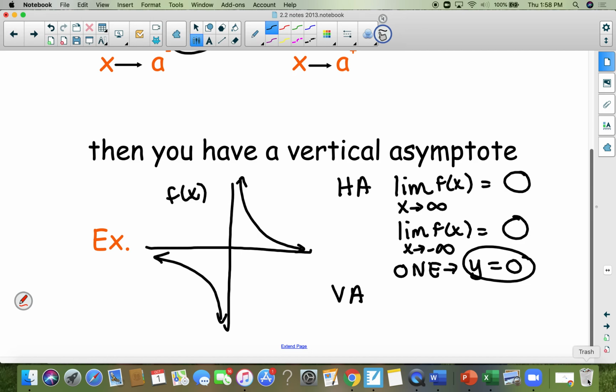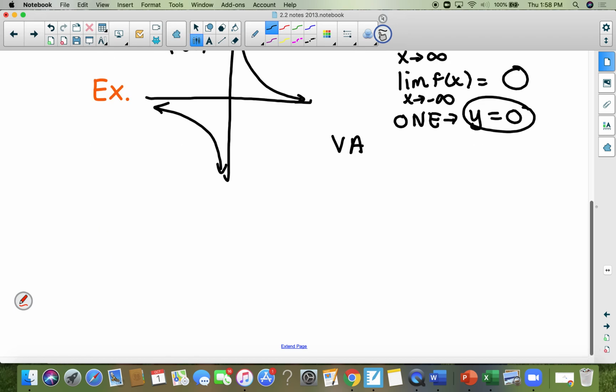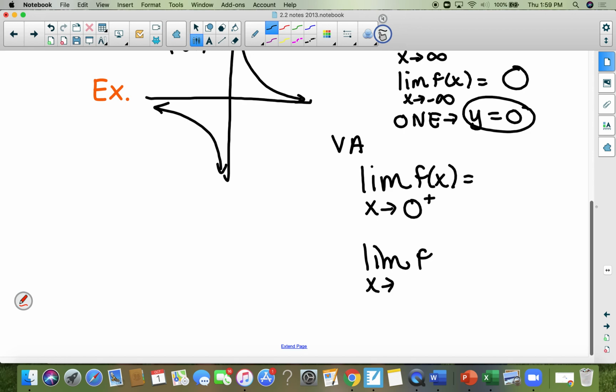Now, we haven't done the vertical asymptote terminology, and this is what it looks like. This is f of x, and the limit as x approaches 0 from the right and 0 from the left.